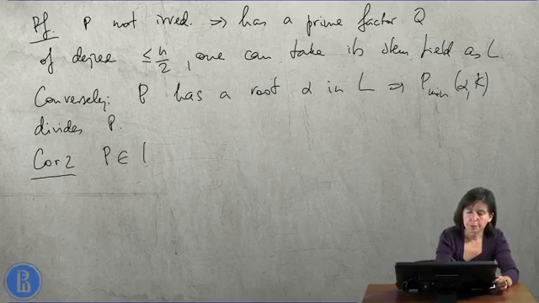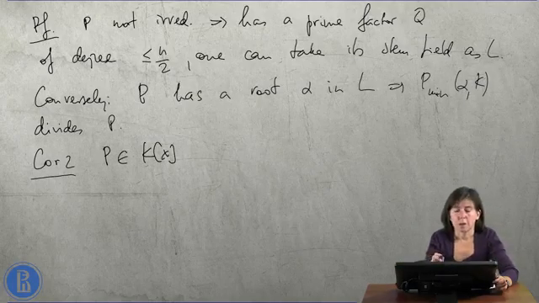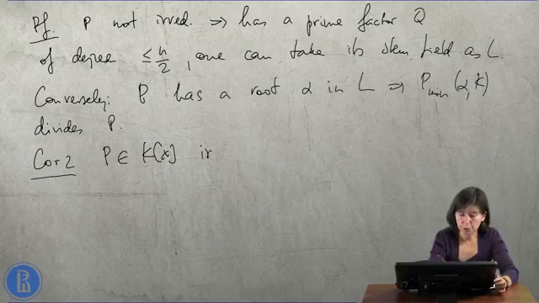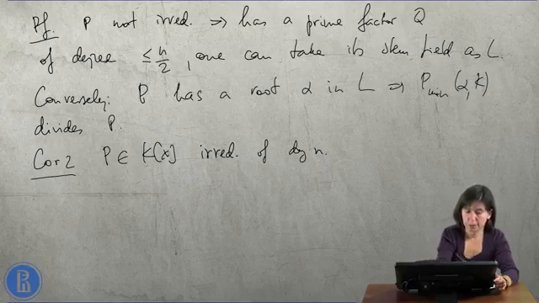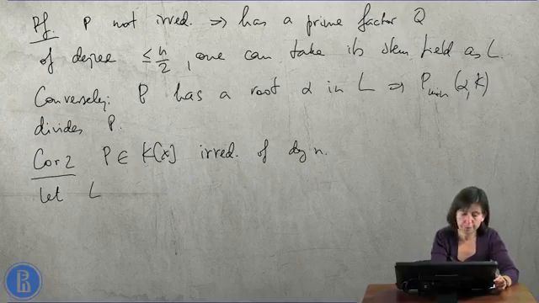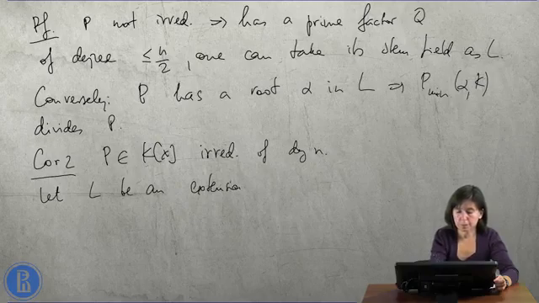Let P be a polynomial over K, which is irreducible of degree n. And let L be an extension of degree m.